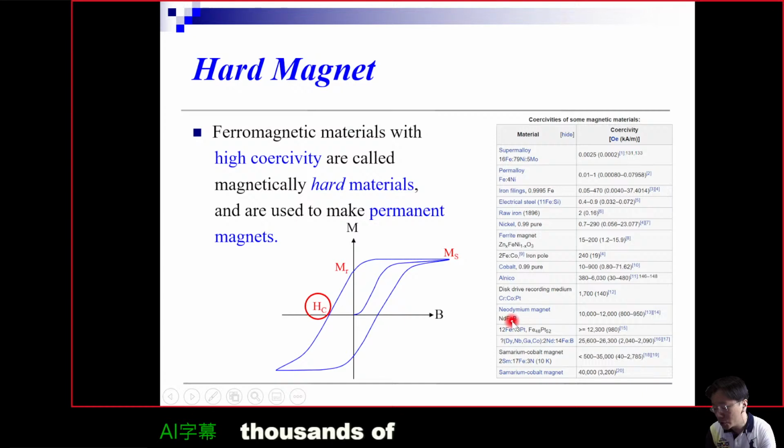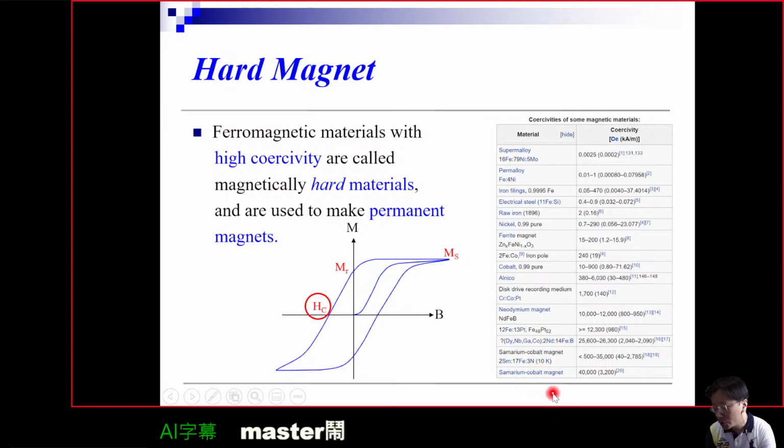The neodymium iron boron magnet, maybe you can find in the bookstore, has a silver-white color and very strong magnetic force, different from those black-colored magnets.